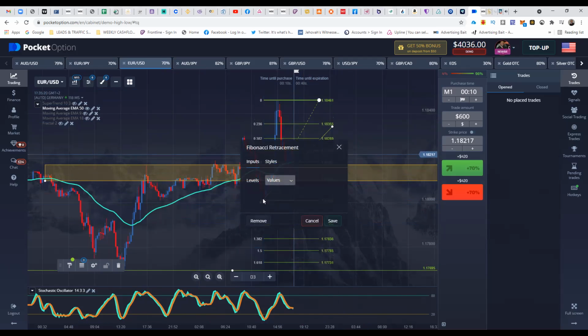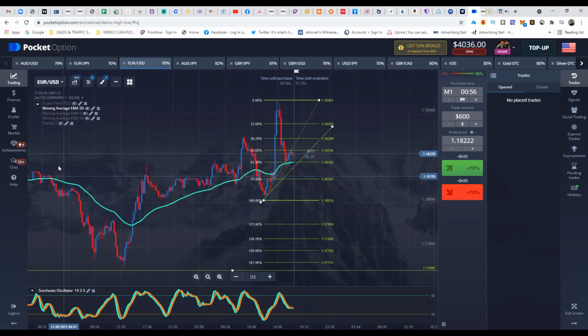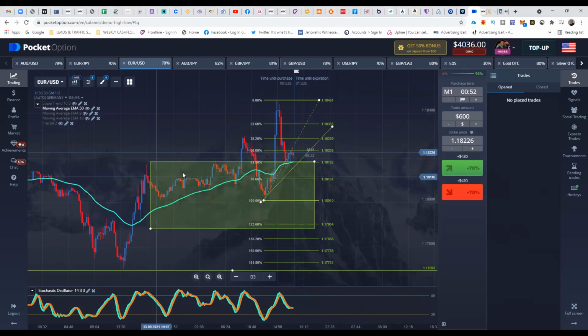So then when I change this here, we see price is really interacting with the 61.80 and 50%. So let me draw a new golden zone here.